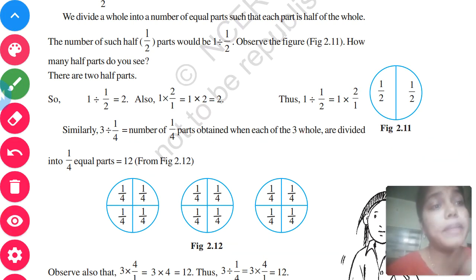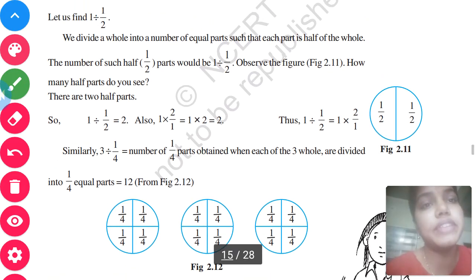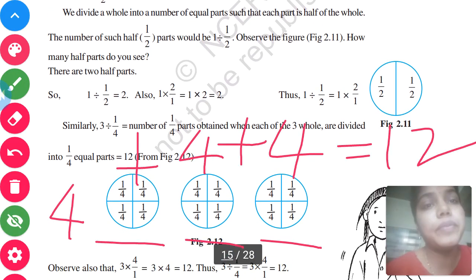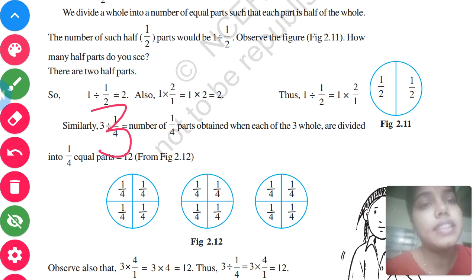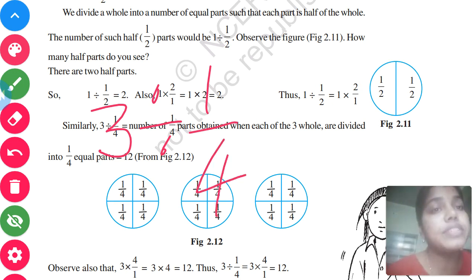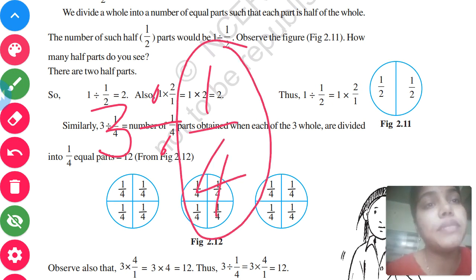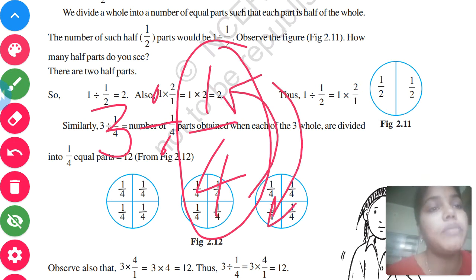If I go by the math method, what I'm going to divide is 3 divided by 1 by 4. My first step is I'm going to find the reciprocal of this. A reciprocal is where you interchange the numerator and denominator.